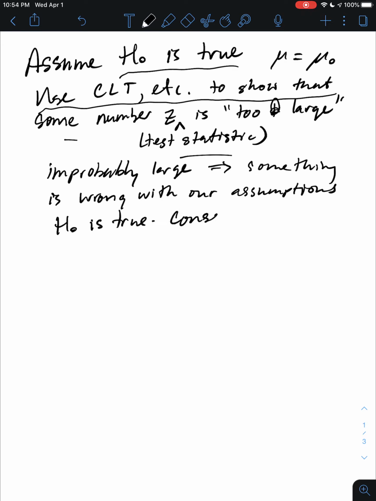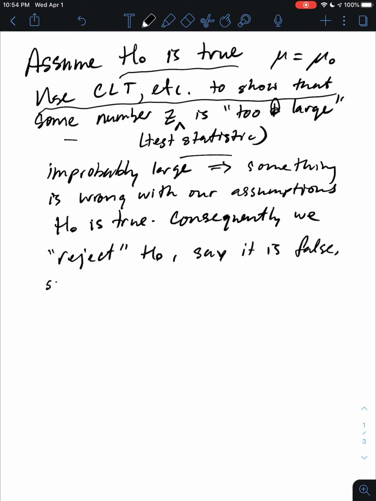So consequently, we reject H sub 0, say it is false. So H sub a is accepted as true.